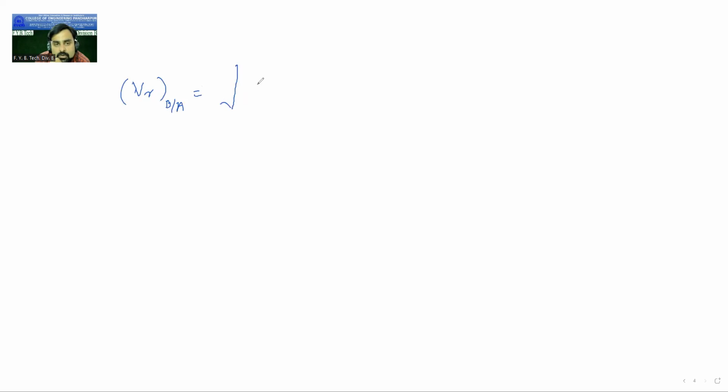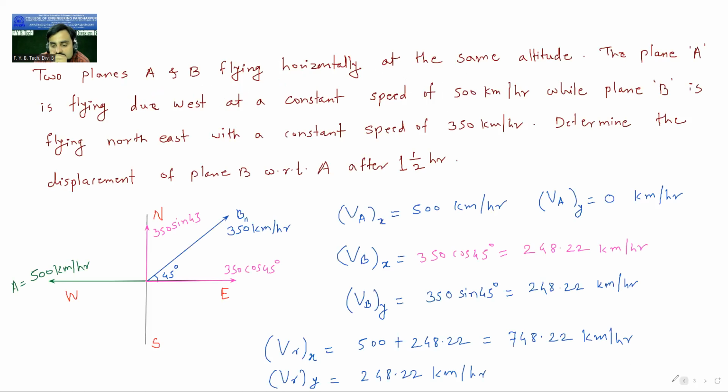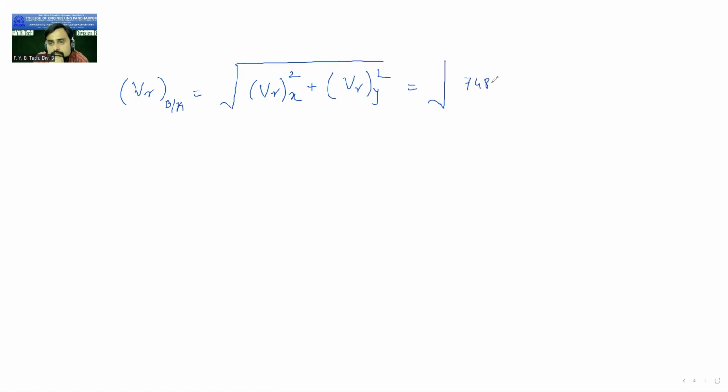We will calculate under root of VR of x direction square plus VR of y direction square. So it is 748 and 248. What is the answer? 788 point.